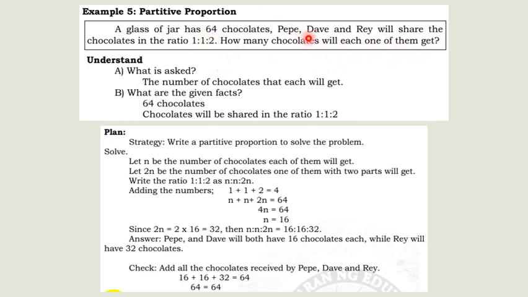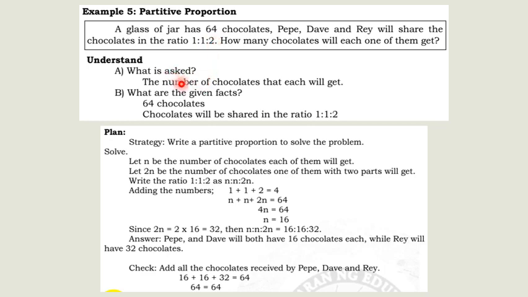So, dito, tatlo sila. Si Pepe, so, pag nag-ratio tayo, si Pepe, ito yung 1. So, kung ano yung pagkakasunod-sunod ng pangalan, yun din dito. So, si Dave, 1 din yung parte niya, 1 part. Si Ray ay 2 parts. So, ito ang paghahati-hati nung 64 chocolates.